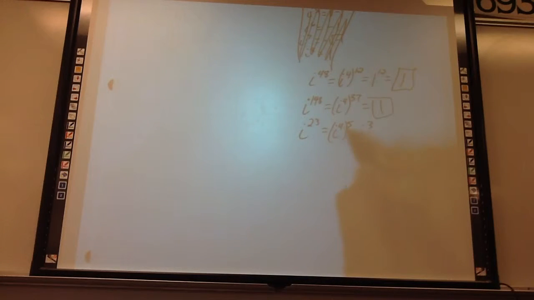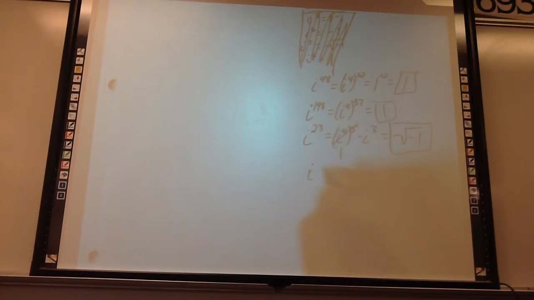This is i to the 20th, times i to the third would be i to the 23rd. So I'm just basically figuring out how many 1s there are. So this is just 1 times i to the third. Well, i to the third is the negative square root of negative 1. So there it is. See how you do that? Basically, you're just figuring out how many 1s there are, and then the leftovers are your answer.